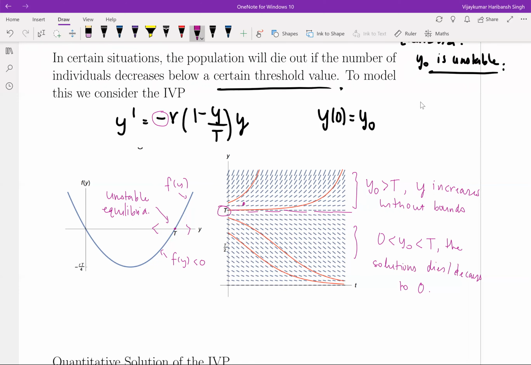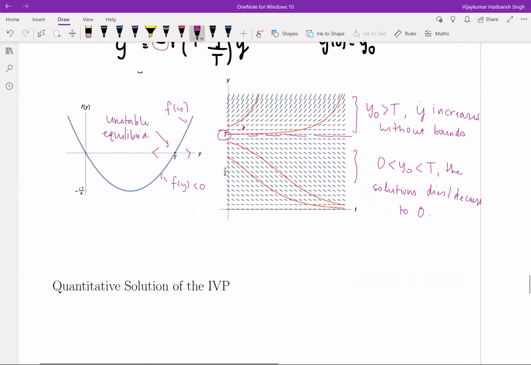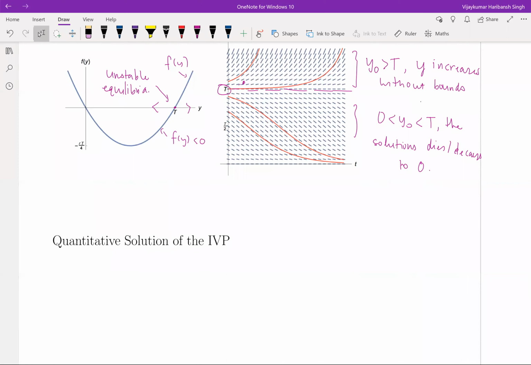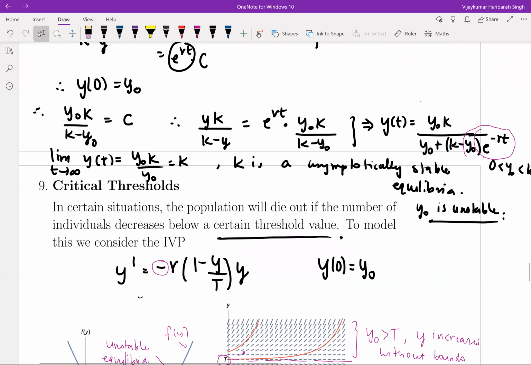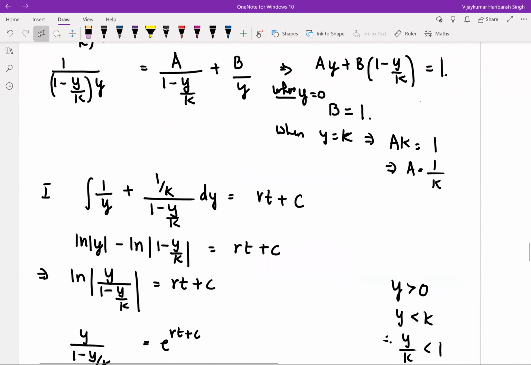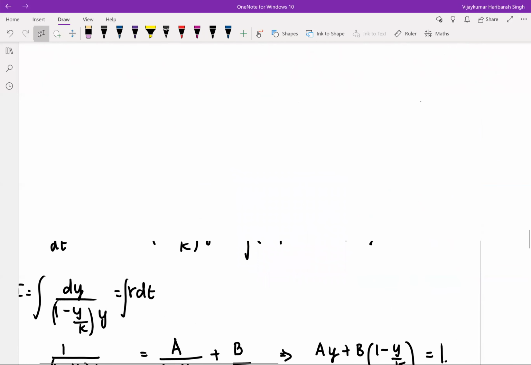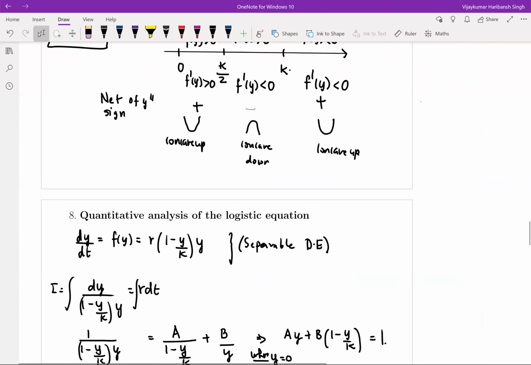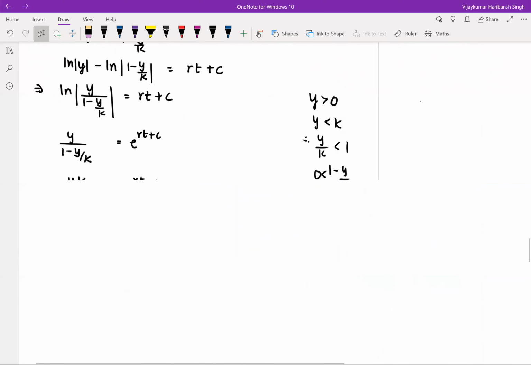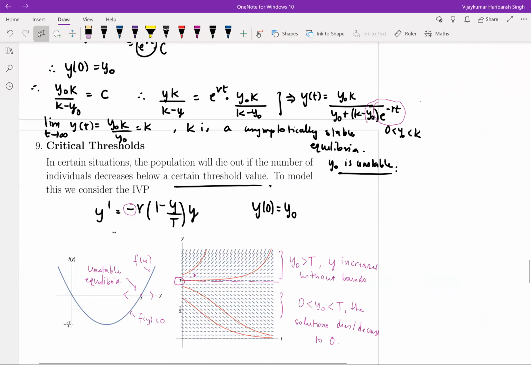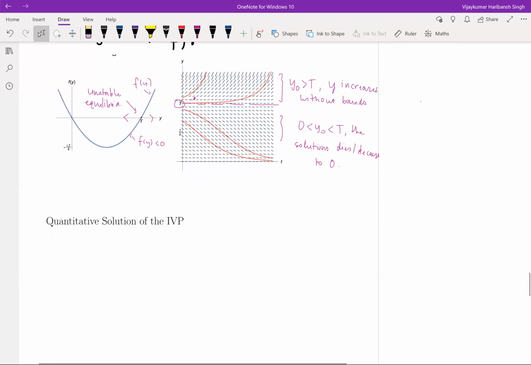If you want to look at the solution of this quantitatively, it is very similar to the logistic growth solution. The only difference is that there's a minus sign in front and there's a T instead of K. So I can just copy over the solution I got in the logistic growth with a little bit of care.